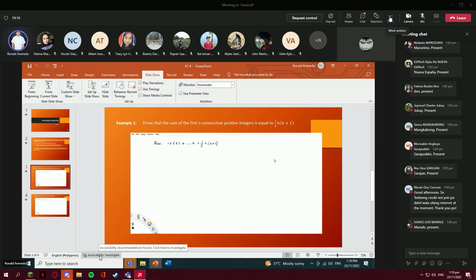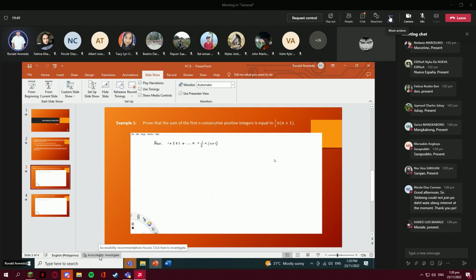So here in our problem, we are going to find a formula, and it is suggested here that the formula would be the sum is equal to 1/2 of n times the quantity of n plus 1. Yun daw ang gagamitin natin in order for us to find the sum. Now, for us to accept that to be true, then we need to prove it using mathematical induction.